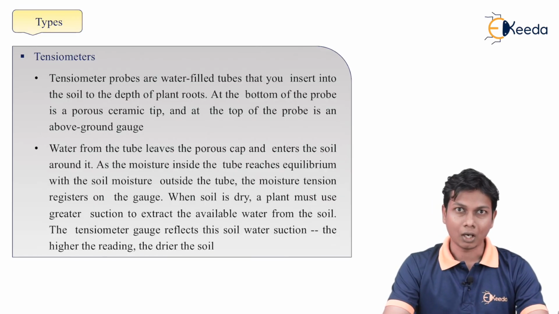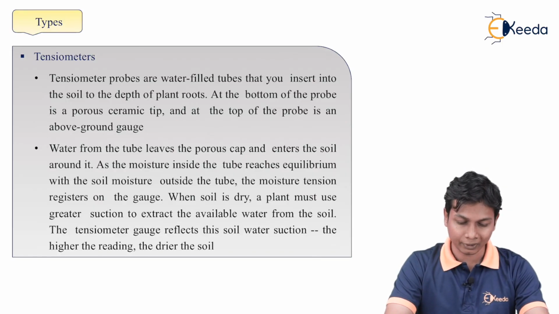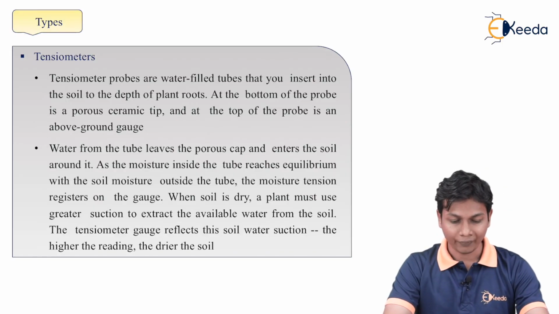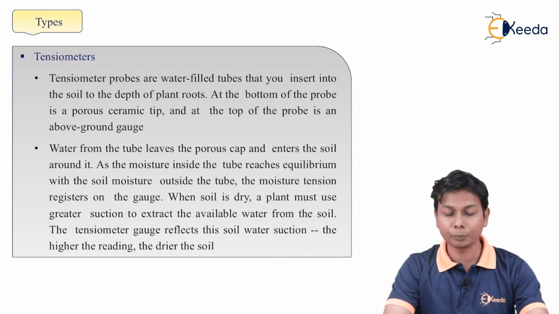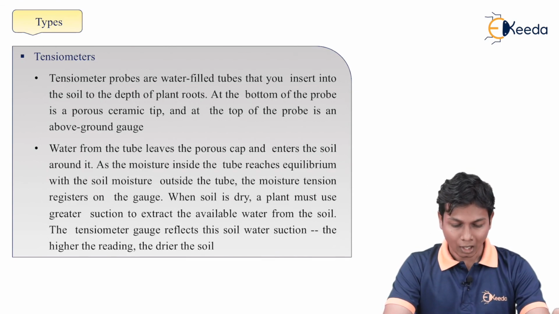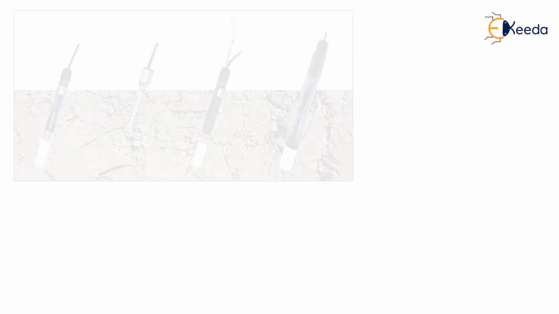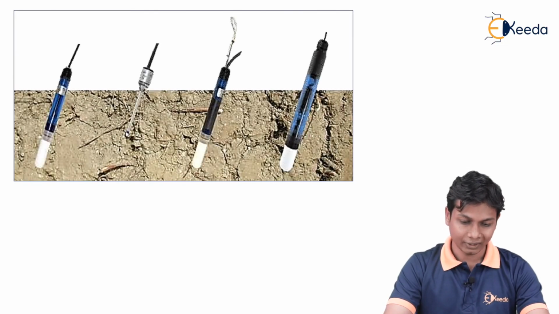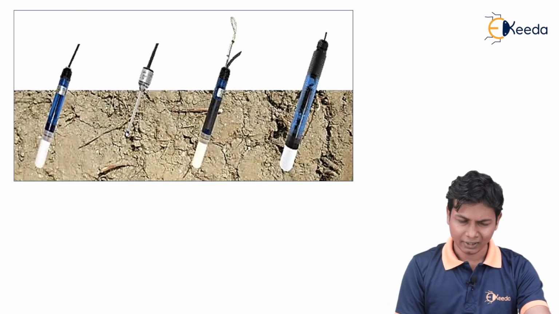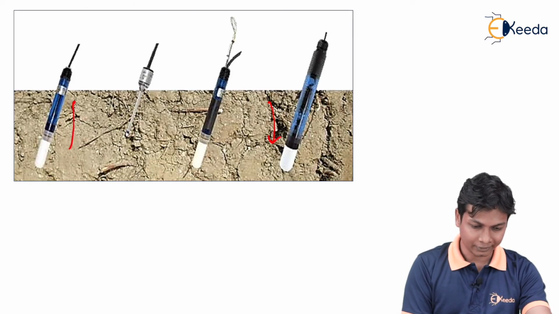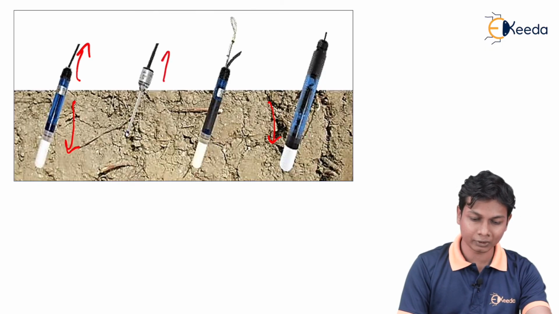So this is how the controller works when the soil is dry, and when the moisture is high the tube reaches equilibrium. Now you can see in the pictures various gauge moisture sensors. Most of the time the sensor is present inside the ground, and the controller part is above the ground.